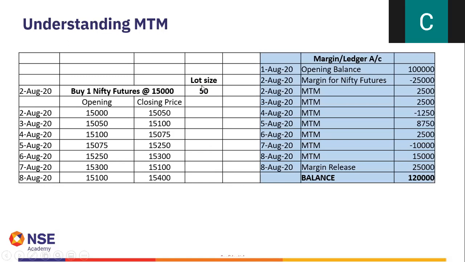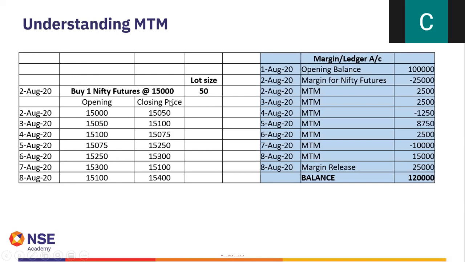So here every contract will have something called a lot size, and here the lot size is 50. So 15,000 multiplied by 50, that is 7.5 lakhs. So my contract value is 7.5 lakhs.